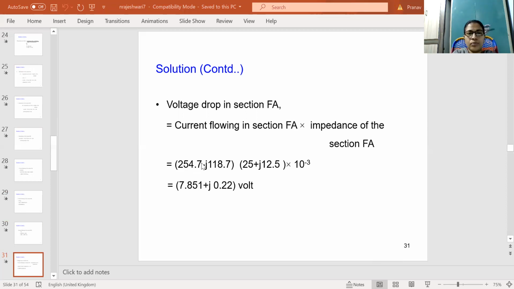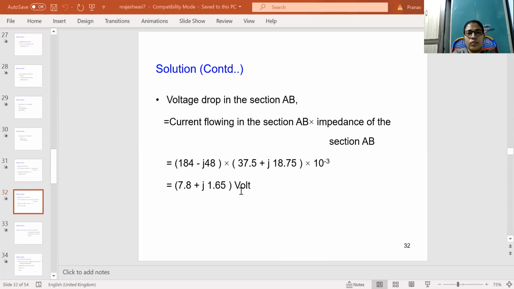So 254.7 minus j118.7 is the current, into the impedance of the section FA, which is 25 plus j12.5 times 10^-3. By multiplying and adding the terms and simplifying, we get 7.851 plus j0.22 volts as the voltage drop in section FA.